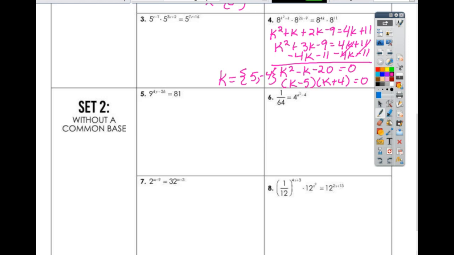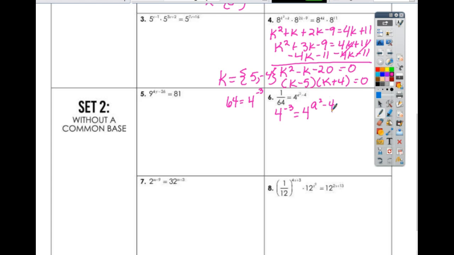So if we go on and look at number 6, do I have common bases here? So I have to make them common bases. So what do you think I could use? What's the base here? 4. So I want to make 64, if I can, something with a 4. So it would be negative 3. That's correct. So I'm going to have 4 to the negative 3 equals 4 to the a squared minus 4.